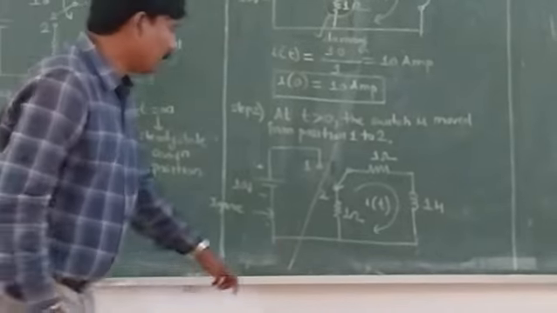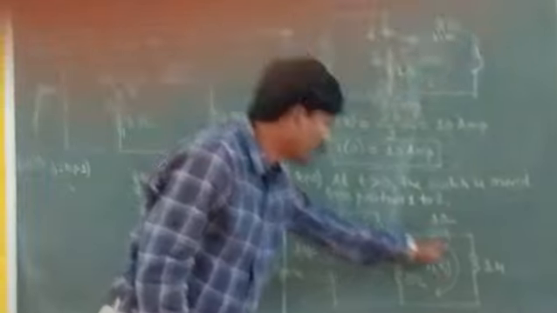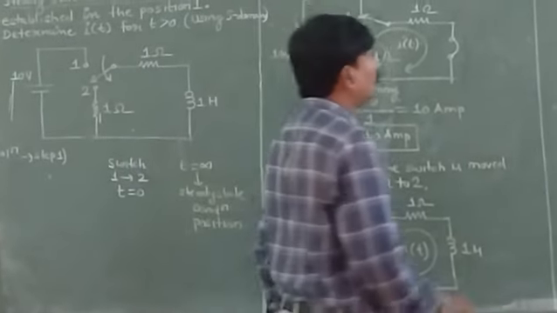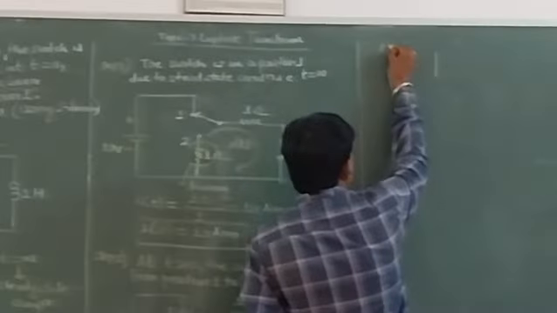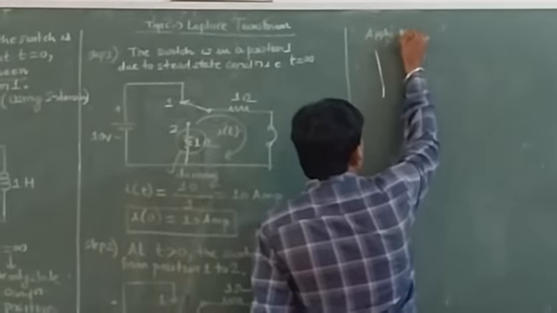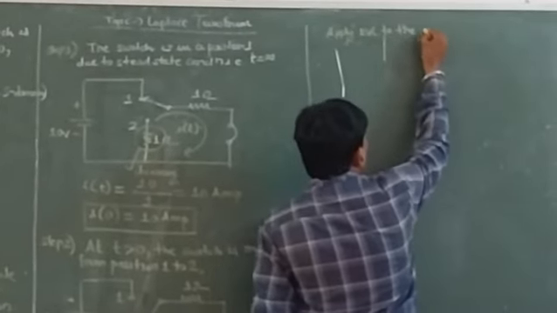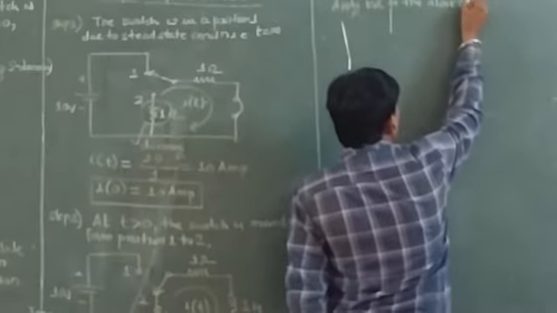Got it? Now if I want to find out I of t inside this particular closed circuit, I apply KVL to the above circuit.